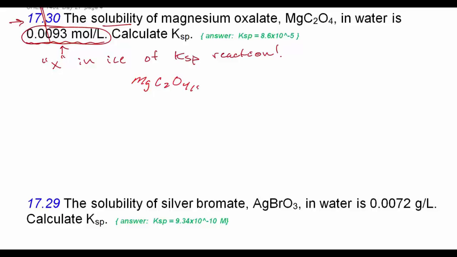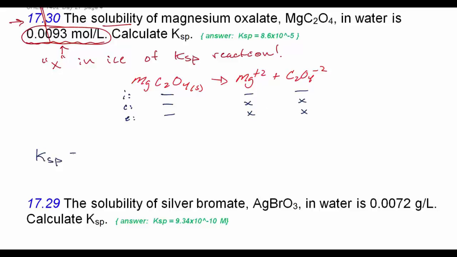Magnesium oxalate, solid, goes to its ions, magnesium ion and the oxalate anion. Make an ice table. Dashes for solid, nothing there initially. X, X. So my KSP is going to be products over reactants, X times X divided by 1.